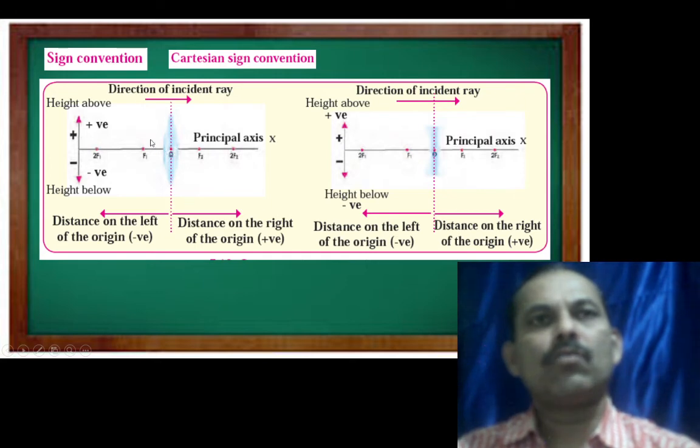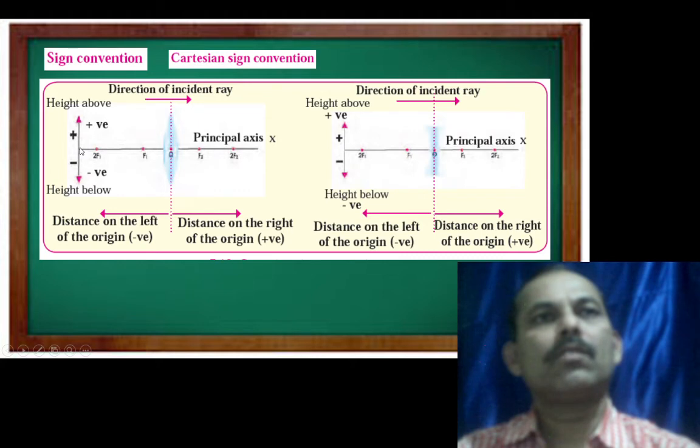The distance should be measured from here, the optical center. Always we should measure the distance from the optical center. The distance on the right side is positive and the distance on the left side is always taken as negative.